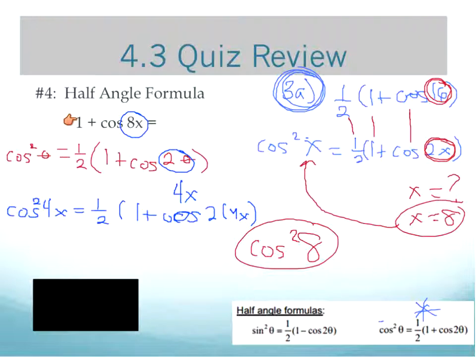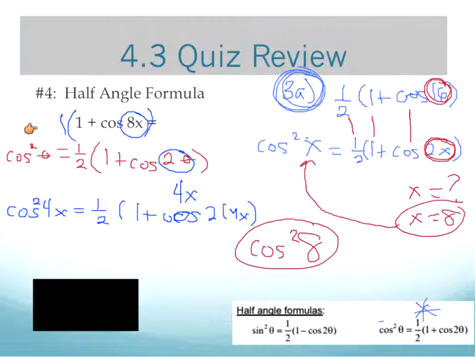The original didn't have a 1/2, and I do need to have a 1/2. So in order to make this side have a 1/2, what are you going to have to do to both sides? Because the original didn't have anything, right? Remember, nothing is really like having a 1 there.